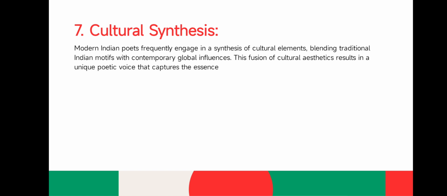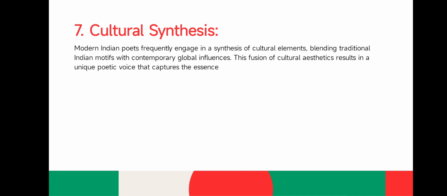So with this amalgamation, with this mixture of both these identities, we find a new kind of identity. We find the emergence of a new kind of literature that is global, that is not limited to a particular country, but rather is a fusion of cultural aesthetics.